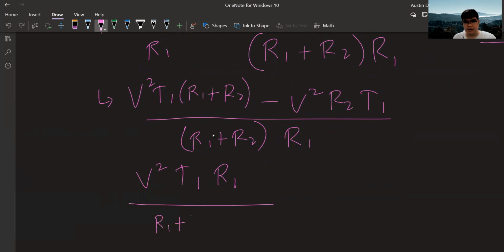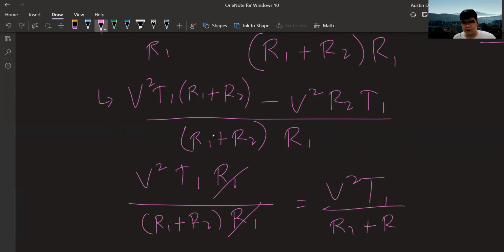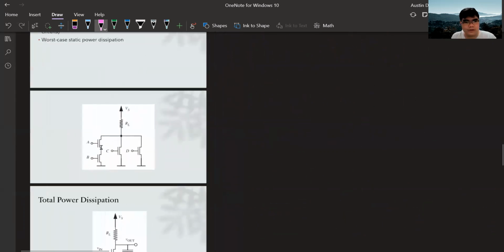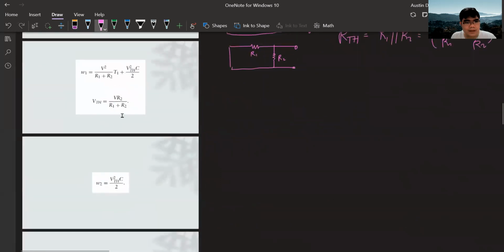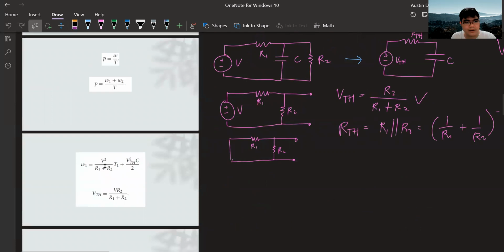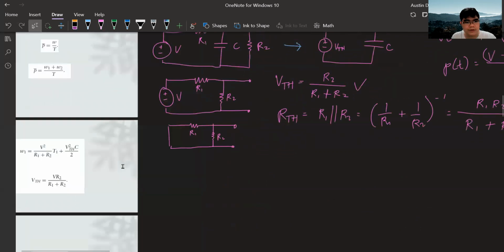Tapos sa denominator, R1 plus R2, R1 cancels out. Then this is the term without the capacitance, R1 plus R2. Okay? So is that what we have obtained? Okay, so yes, V squared T1 tapos all over R1 plus R2.